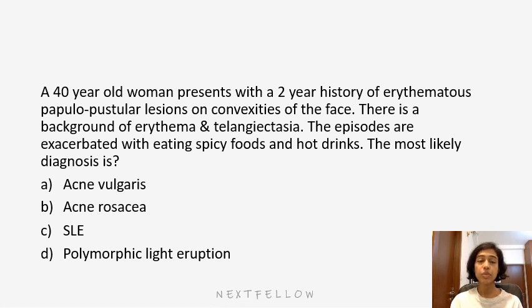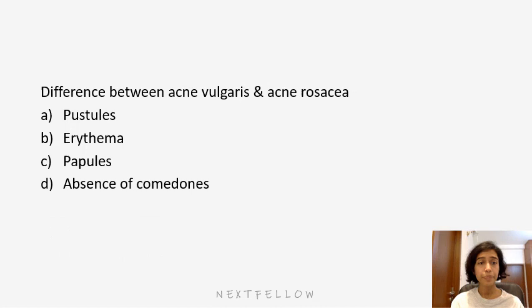So this is quite telltale of erythematous pustular lesions on the convexities of the face. That would be the forehead, cheeks, and maybe nose and chin. Episodes of increased erythema, it says, with eating spicy food, hot drinks, middle-aged lady. So it's likely to be acne rosacea rather than anything else.